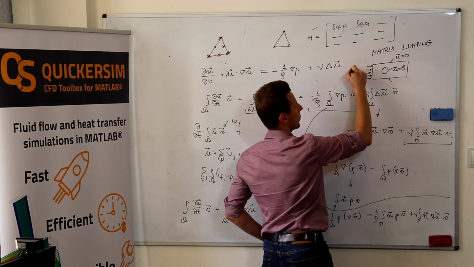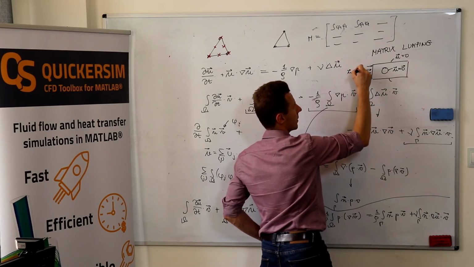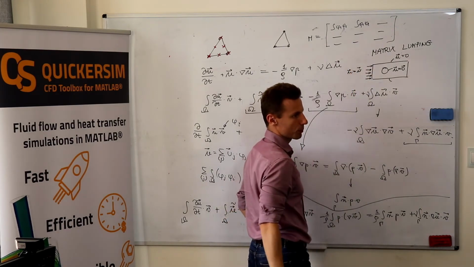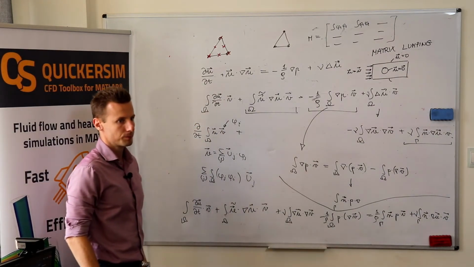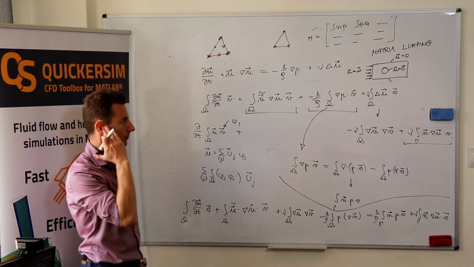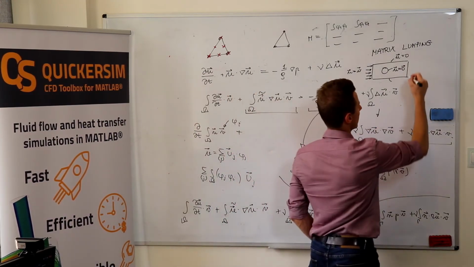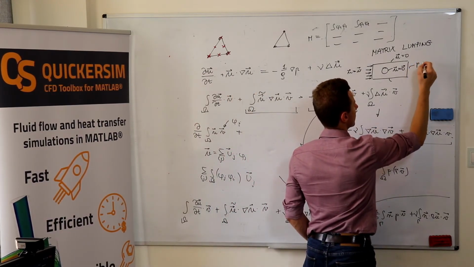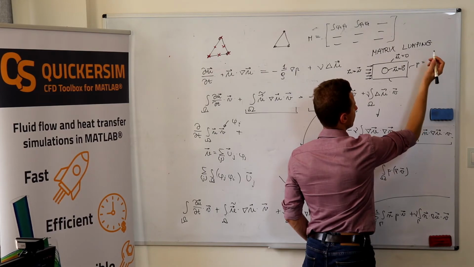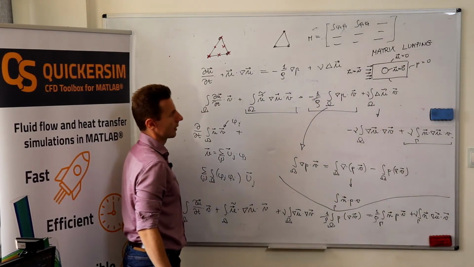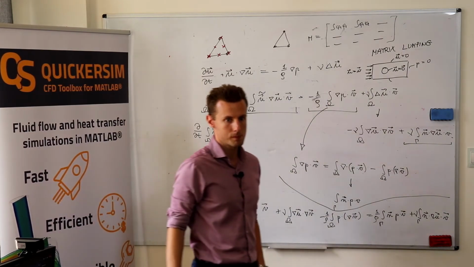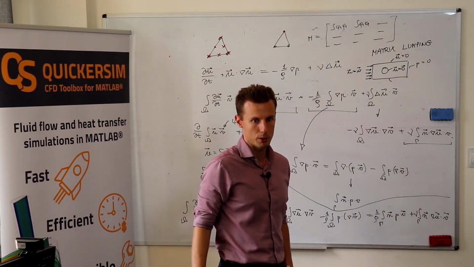And here you probably want to have some prescribed velocity profile. Okay, so Dirichlet boundary conditions. And pressure at the outlet. For example, 0. Is it compressible or incompressible? Incompressible.